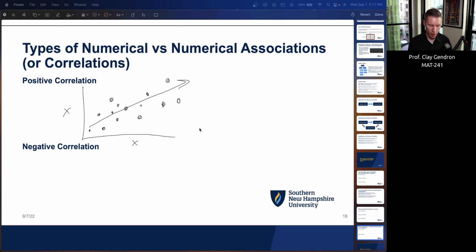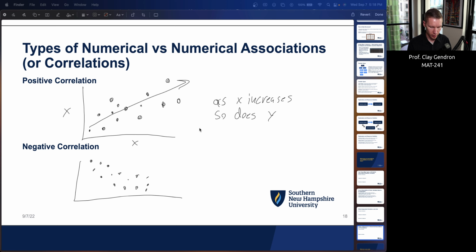So we see as x increases, so does y. And then we would conversely have a negative correlation where we can expect that as x increases, we would see a decrease in our y.